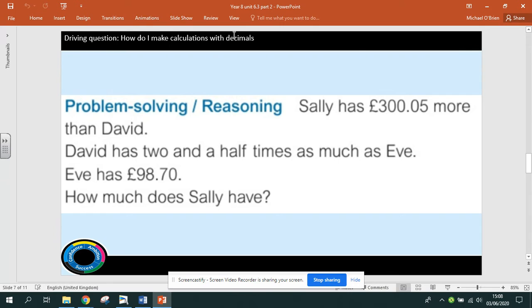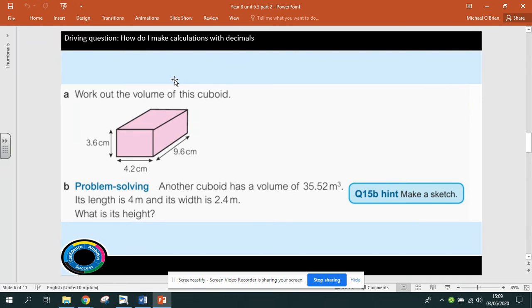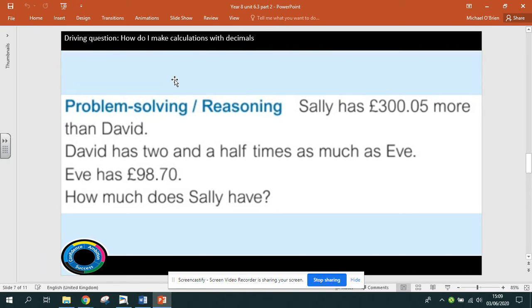Okay, so now here's a calculation that we need to do. Right, Sally has £30 and 5 pence more than David. David has 2.5 times as much as Eve.